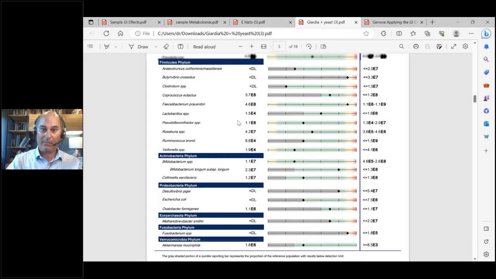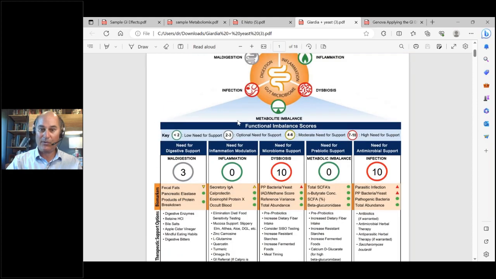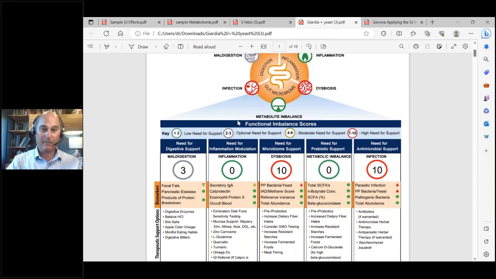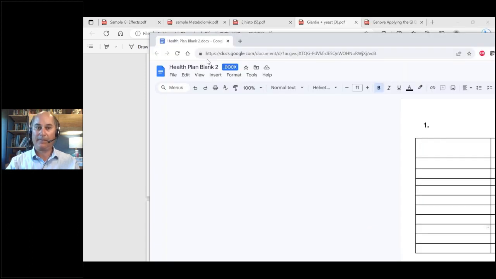And let's take a quick peek here at what else is going on in this lab. So there was also a parasitic infection, some yeast overgrowth, and the Sig-A was kind of high. So let's look at a program design for that. Just to give you a rough idea about how you can design programs.